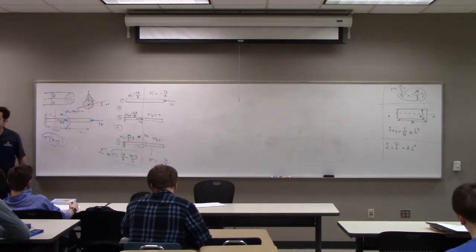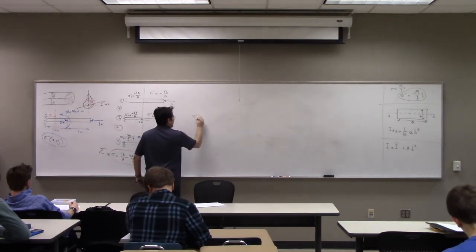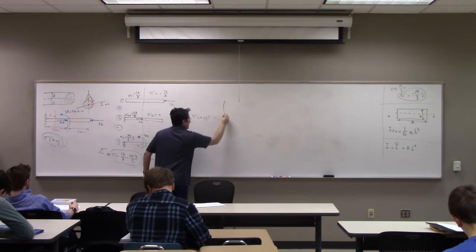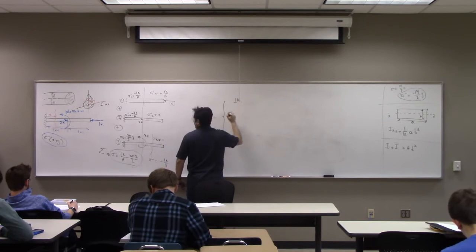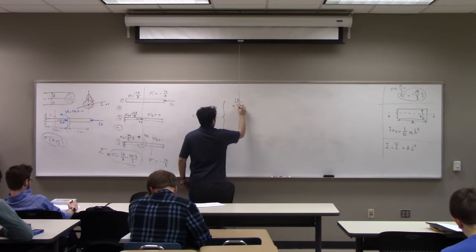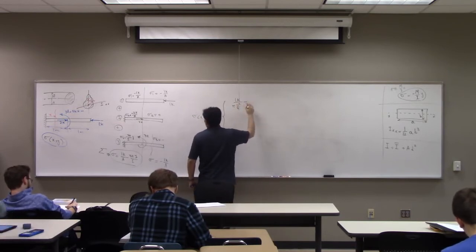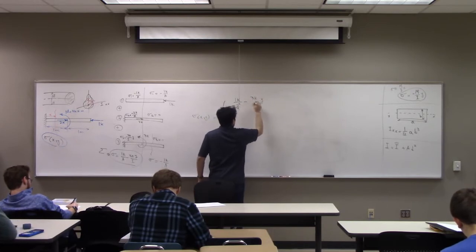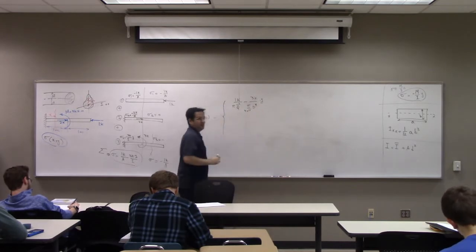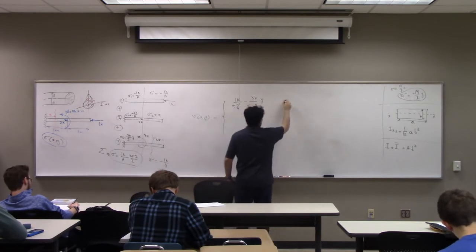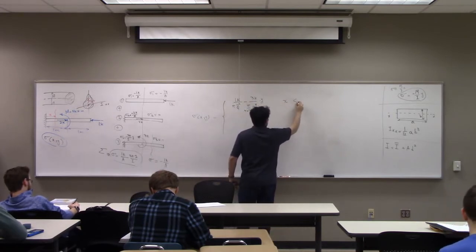So if I want to write this using a mathematical relation, I say sigma of x and y is equal to the first relation, which is negative 1K over area, I put pi D squared over 4, minus 3K y over I, which is pi over 64 D to the fourth power, that's when x is greater than 0 and smaller than 1.